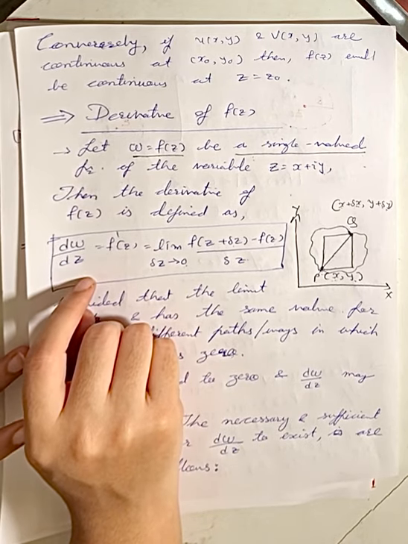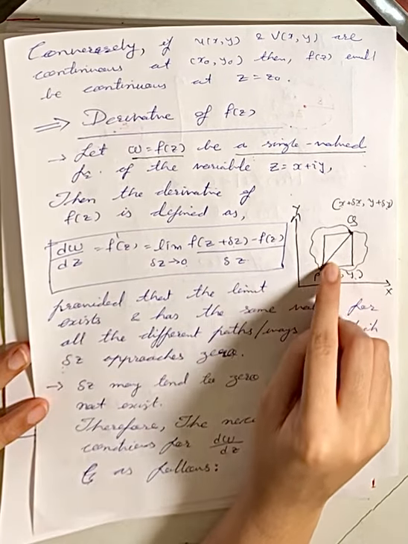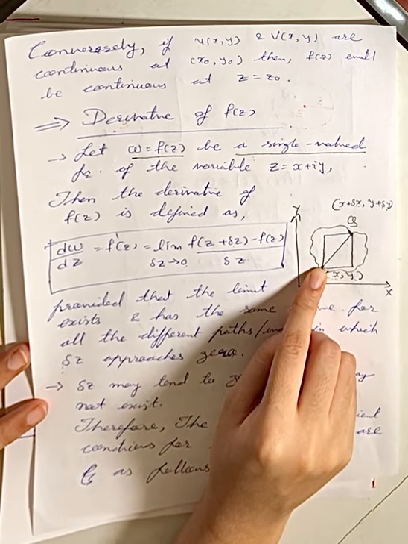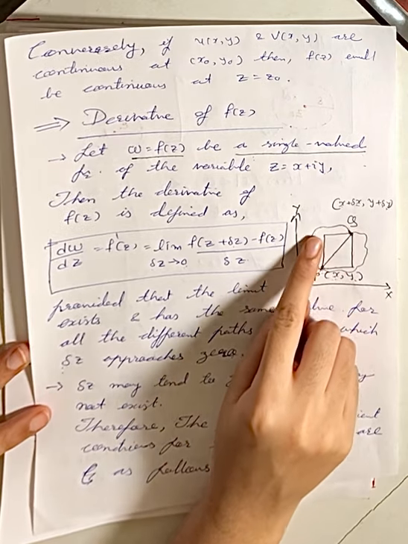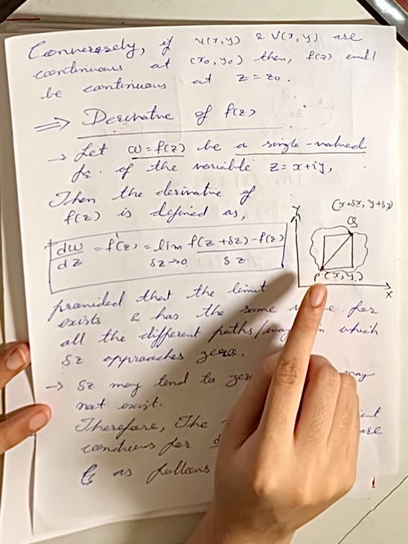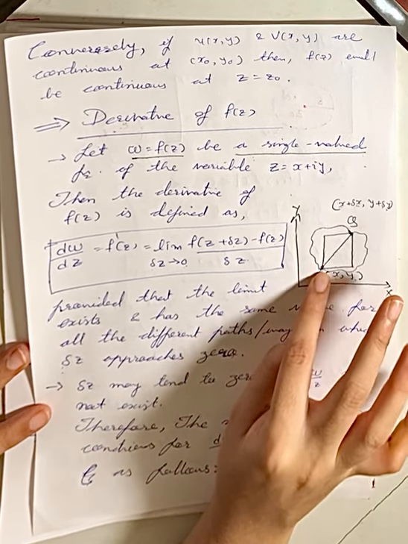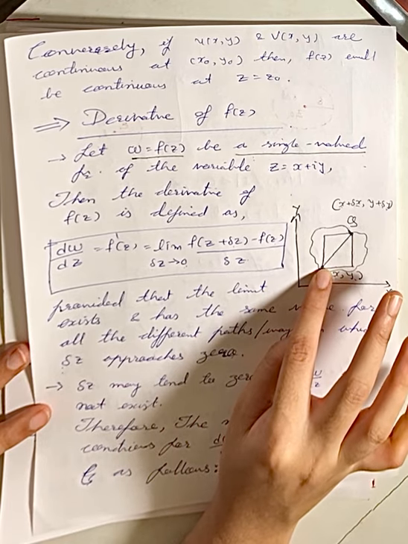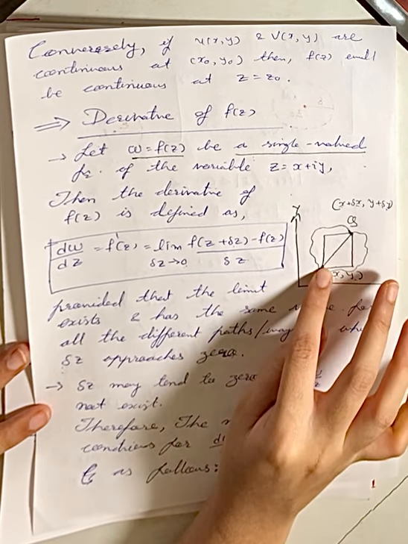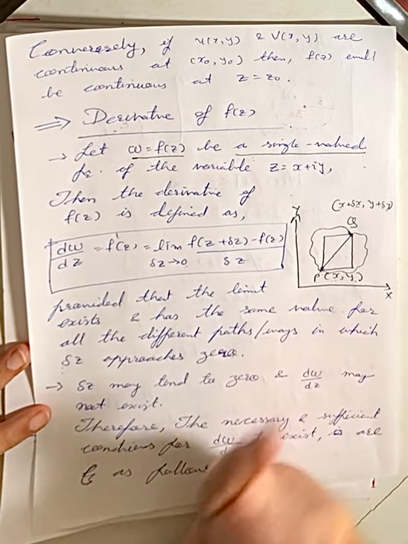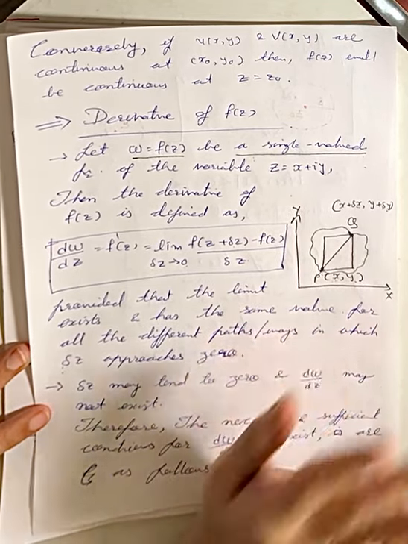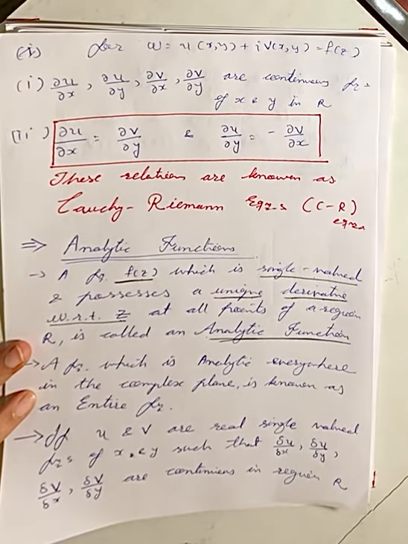If in every path you take a derivative and you end up with different results, that is not allowed. It doesn't matter what path you take, the function will give you the same answer. That means it is single valued, and the derivative of that function is also unique. Then such a function is called an analytic function.